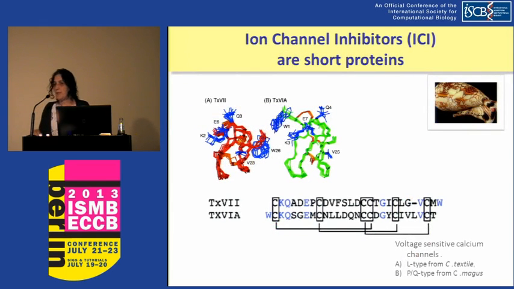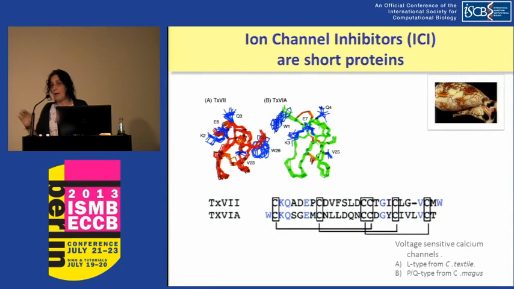What you see here in this picture are two of those coming from this Conus. On the picture, they look quite the same. Their sequences are extremely short. I won't give you too much time to look at it, but as you can see, the similarity on the sequence basis is embarrassingly low.